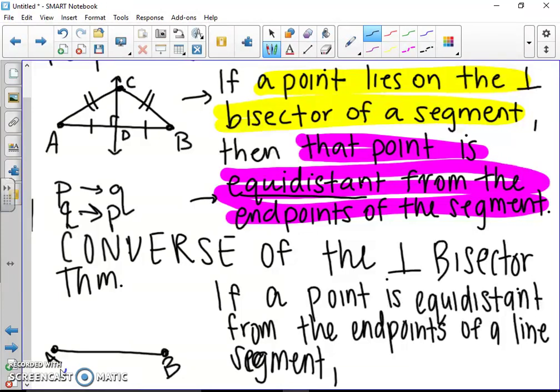So I'm going to take my point, call that C, and it's equidistant from A, equidistant from B. All right, so those are congruent.